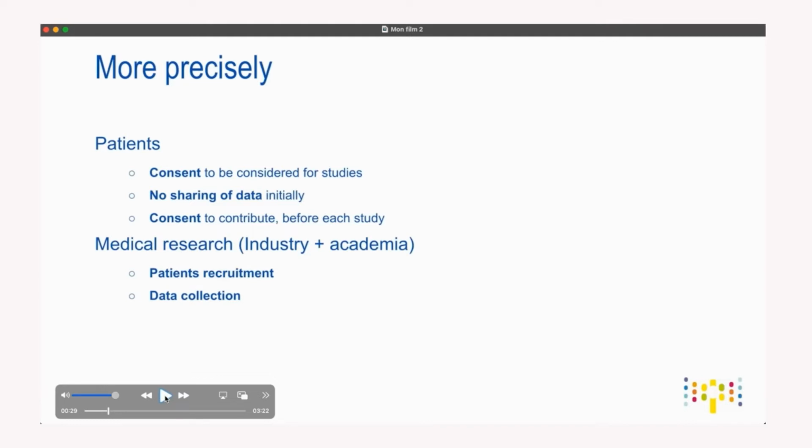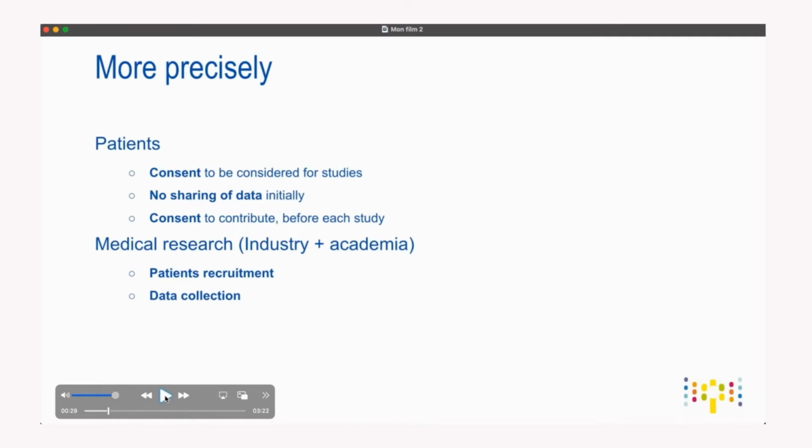What happens behind the scene is that the inclusion-exclusion criteria from various studies are downloaded from a server to the mobile phone of patients and run locally on the local smartphone of the patient. So no data is shared. This is really a strong innovation, and this is how we can guarantee a very high level of privacy without compromising data of patients, and also allowing research and recruitment on a large scale.